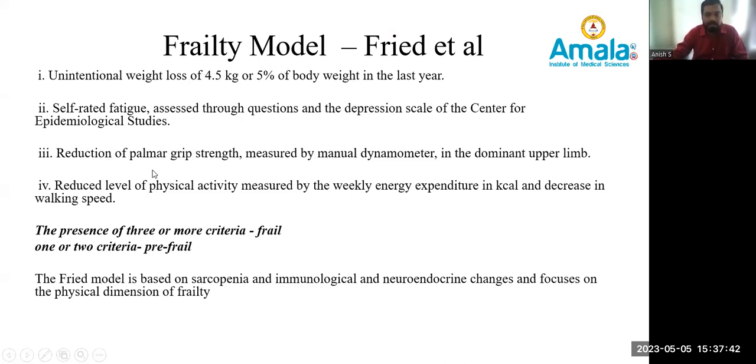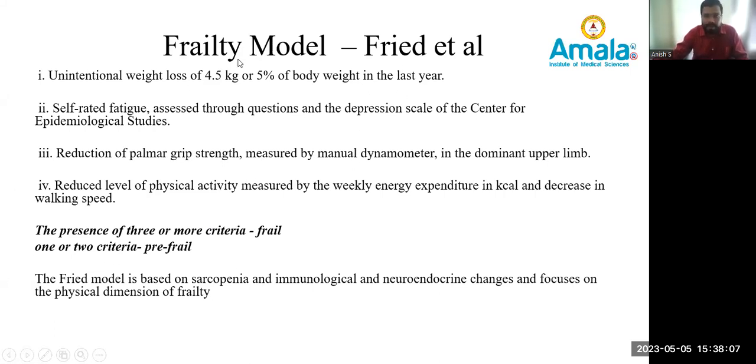The grip strength has been shown to be related to frailty, measured by a manual dynamometer, which is a very simple instrument that can be used, on the dominant upper limb, and reduced level of physical activity measured by weekly energy expenditure in kilocalories and decrease in walking speed. So gait speed has been associated with frailty, and a person might have one or the other alone, and that doesn't make him frail.